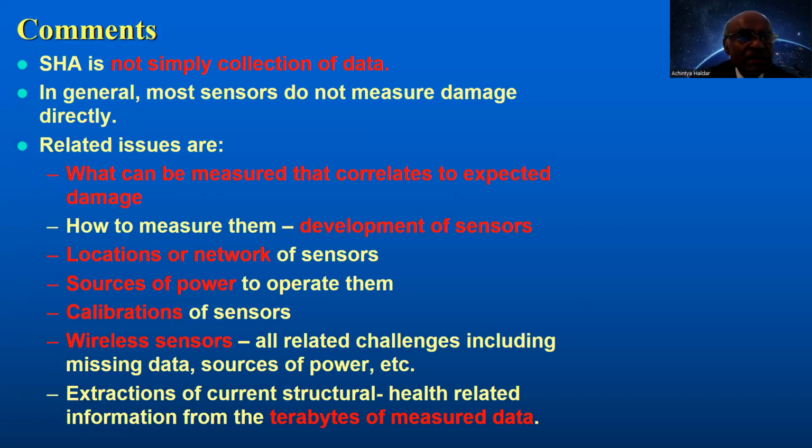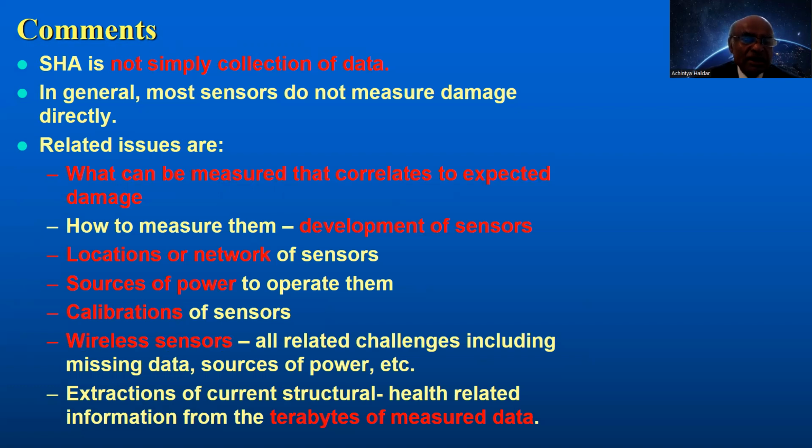Health assessment is not simply collection of data. Actually, sensors do not measure damage directly. We need to also consider what sensor to use that correlates to the expected damage.